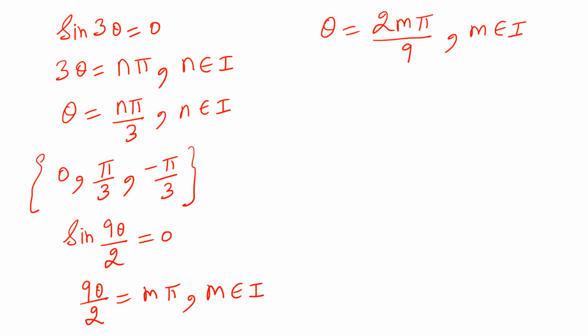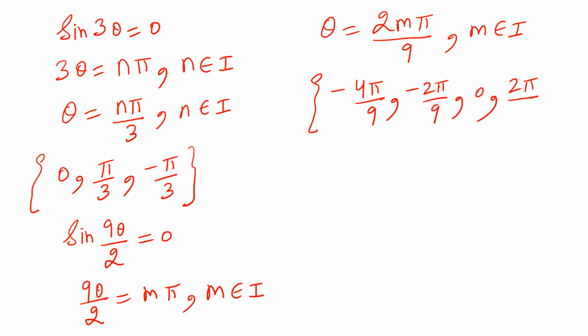Now since the value of theta lies in closed minus pi by 2 to pi by 2, so the allowed values of m are minus 2, minus 1, 0, 1 and 2. So accordingly, we get the solutions as minus 4 pi upon 9, minus 2 pi upon 9, 0, 2 pi upon 9 and 4 pi upon 9.